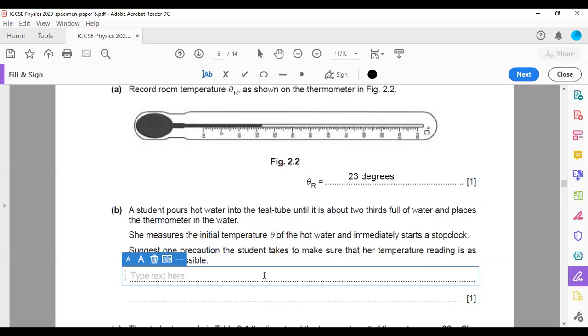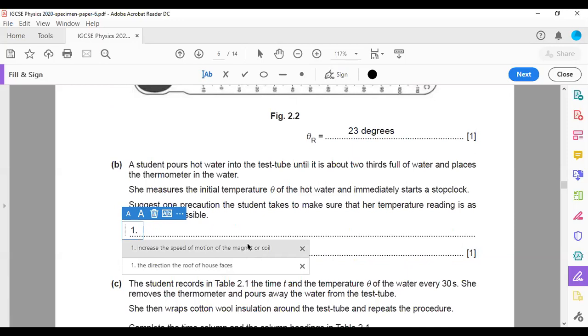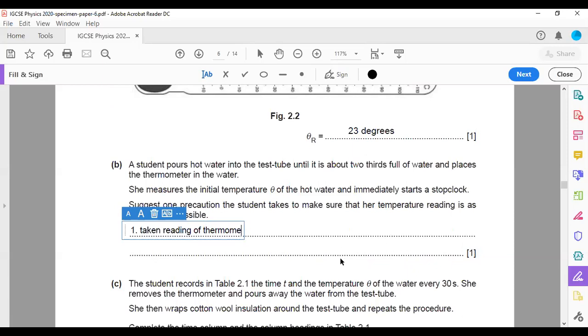What do you think we could do? Let me give you some ideas. Number one, one of your answers should have been: take the reading of the thermometer when the fluid level stops rising.